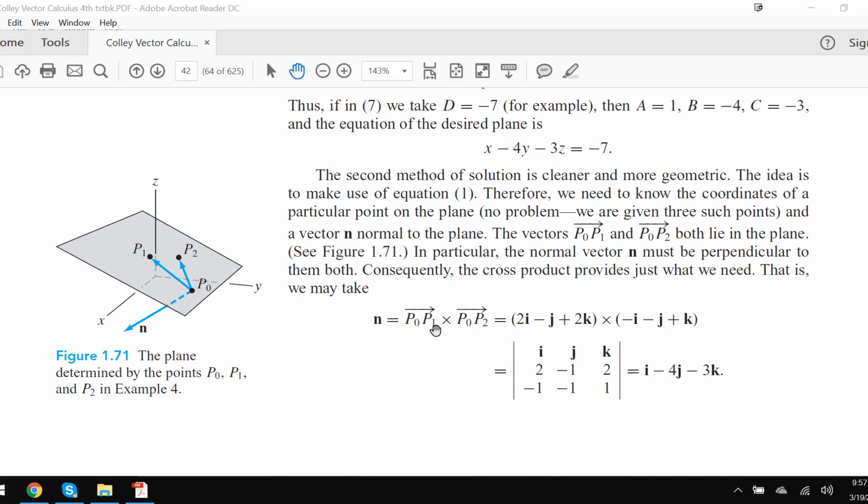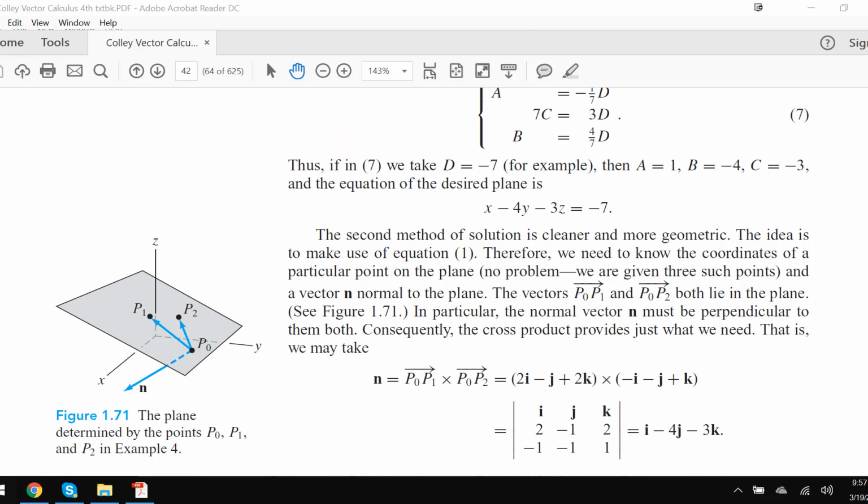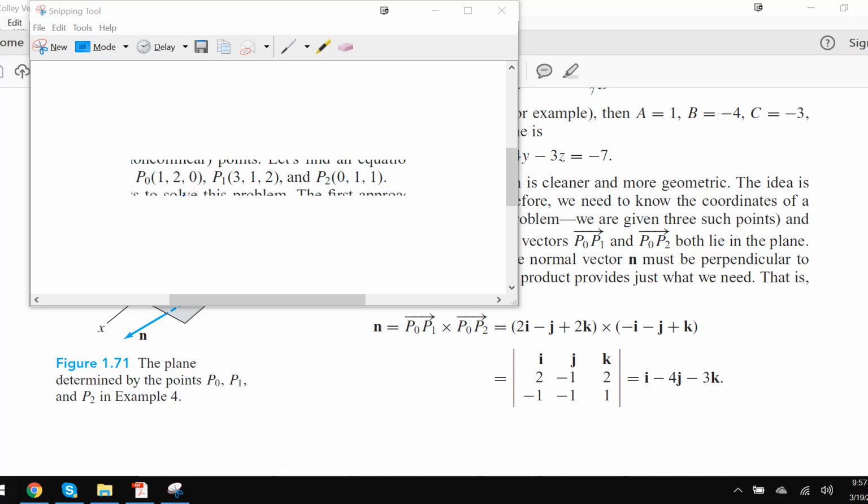So P0P1 and P0P2. Let's go back and check the points. So here are the points, and to get P0P1, we can do 3 minus 2, 3 minus 1, and 1 minus 2, and 2 minus 0, so that gives us this, and then we can do a similar thing for this one.